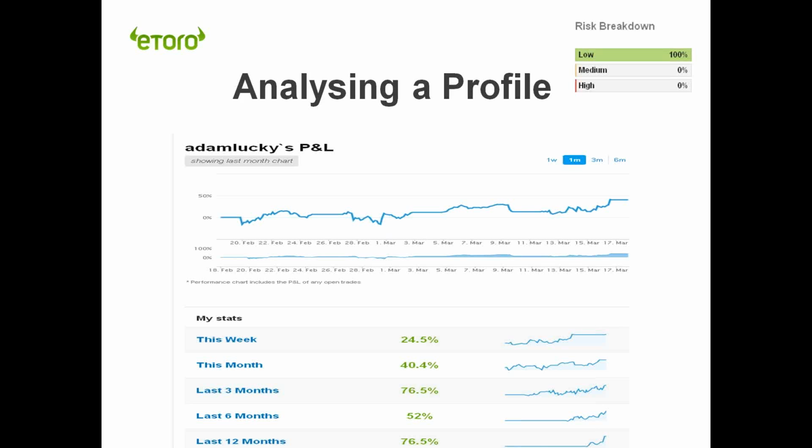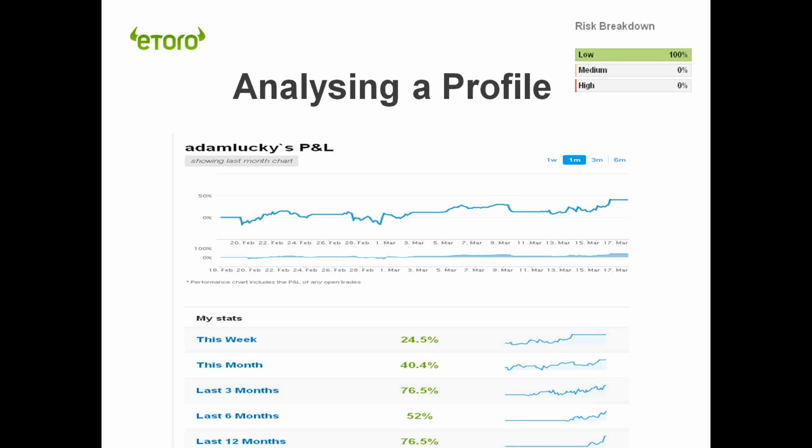Okay, so we've picked up this profile now, Adam Lucky. Have a look over 1 month. Look, the equity graph isn't bad. It's not perfect, but it's going in a reasonable direction. 40% in 1 month is fantastic going. And you see it's fairly stable over the last 12 months.